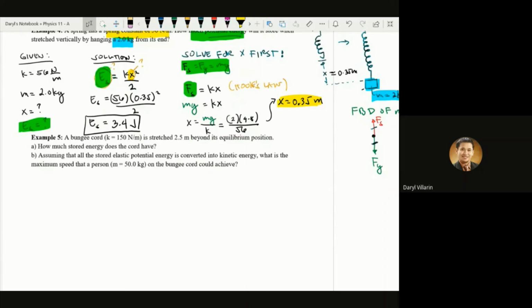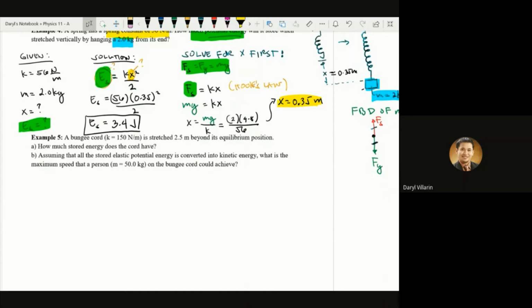It's the same thing with the string in a bow and arrow. You're actually using the elastic potential energy of the bow's string to make your arrow fly. So a bungee cord is stretched 2.5 meters beyond its equilibrium position.